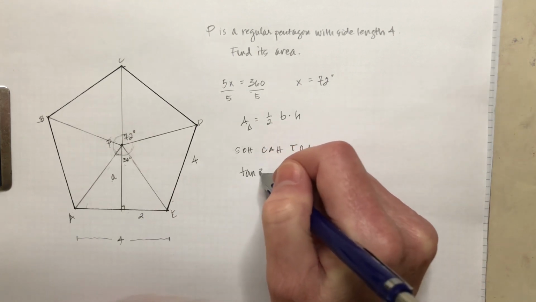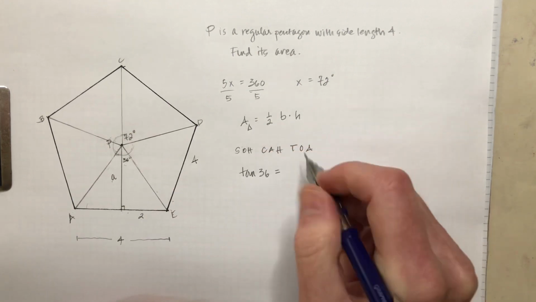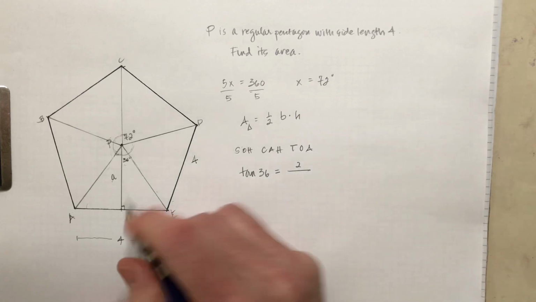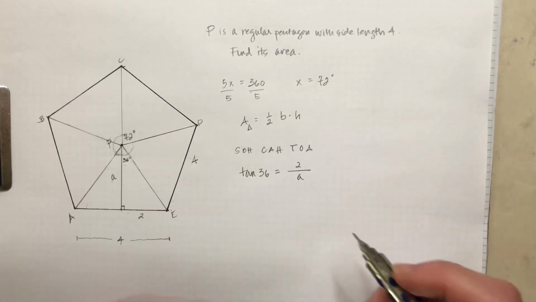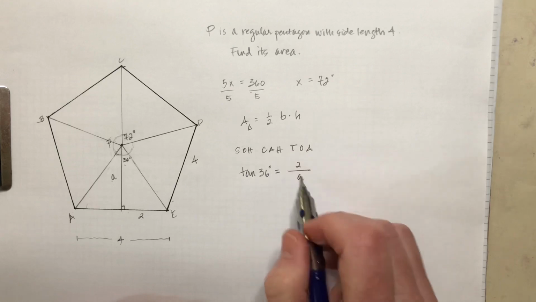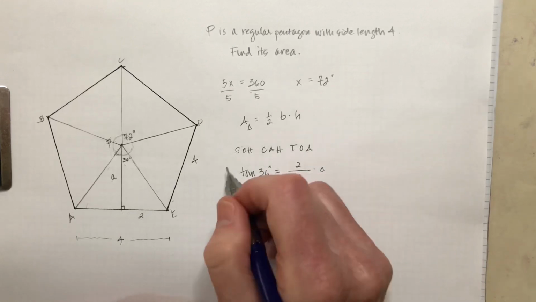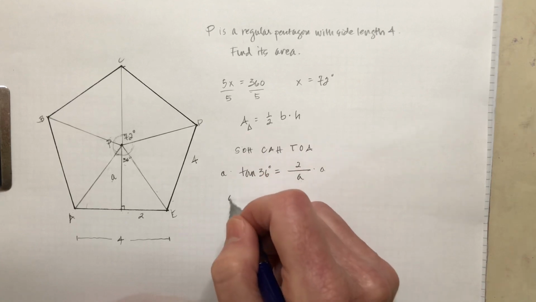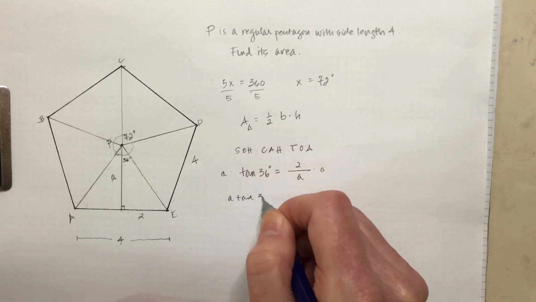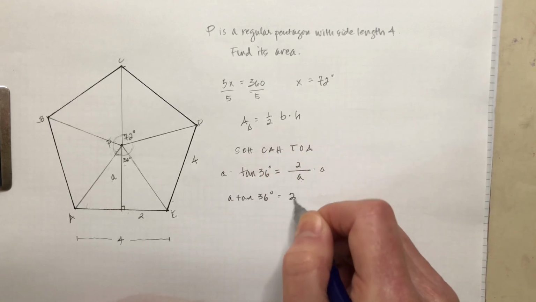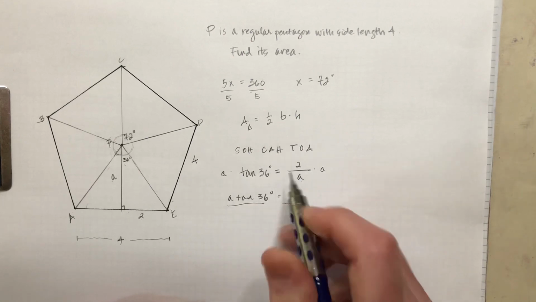Tangent of 36 equals opposite 2 over adjacent A. Then we'll do a little multiplying to get that variable out of the denominator, so multiply both sides by A, and now divide both sides by tangent of 36.